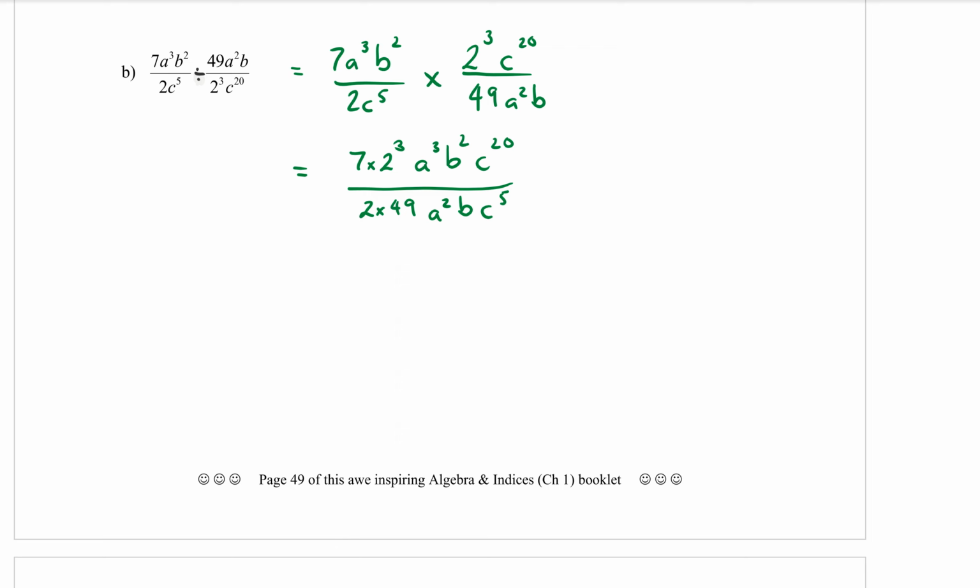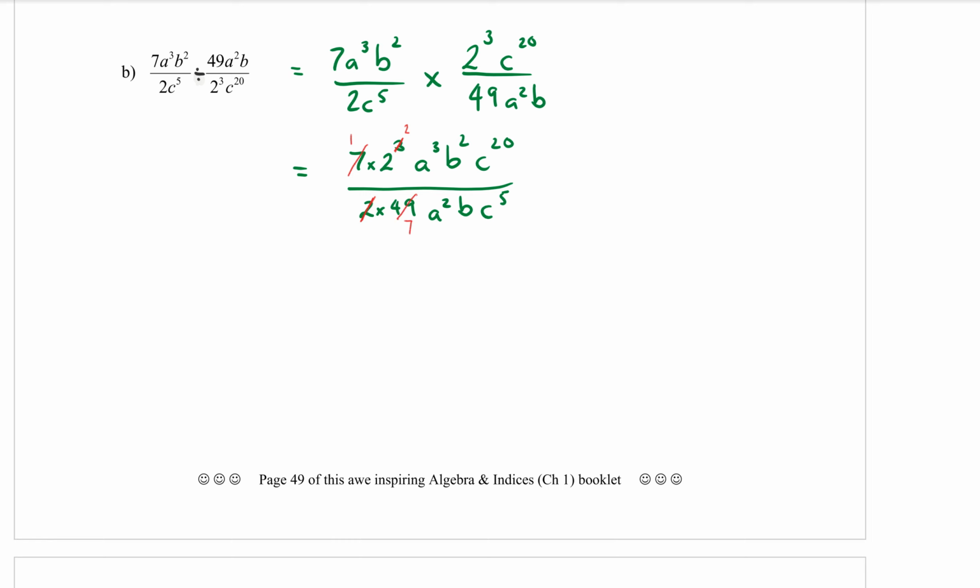The 2, this is 1, 2 on the bottom. Remember, I have 3 of them up here on the top, so I subtract 1 off there. 3 take away 1 is going to be 2 to the power of 2. Also, 7 and 49, both of those divide by 7, giving me a 1 and a 7 there.